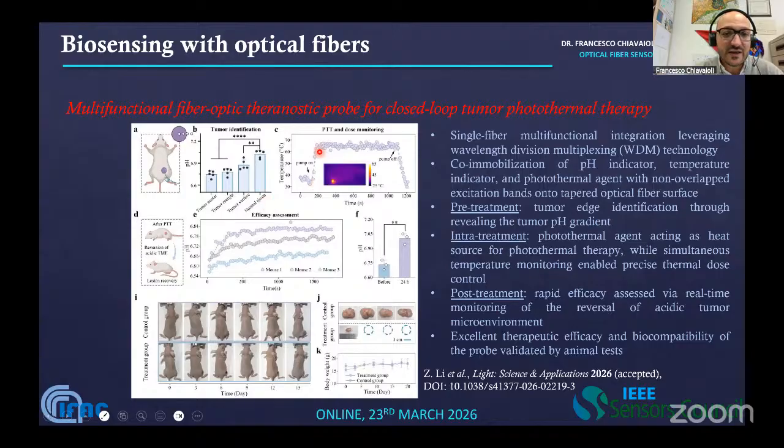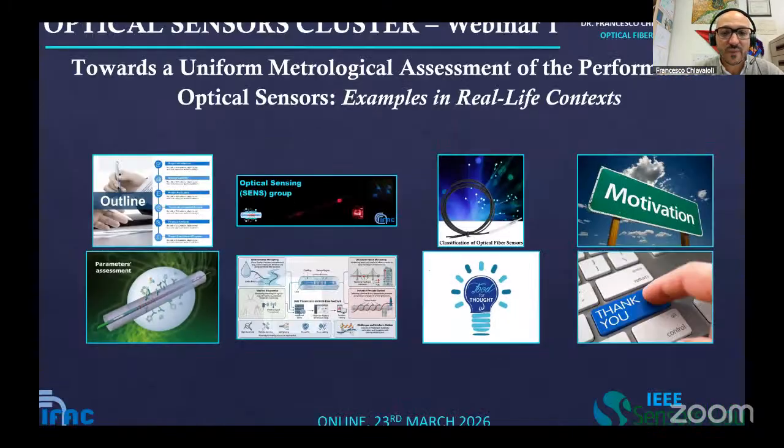This is for the intra-treatment when we increase the temperature to kill the tumor by local heating, and there was the reverse in the pH when there is the tumor and when the tumor starts to be killed. And it was applied to colorectal tumor in mice.